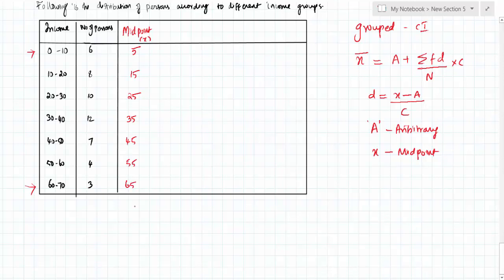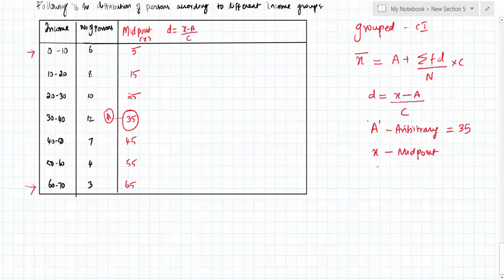Now from the midpoints, you have to pick one number arbitrarily. Let's say I'm going to pick 35 as an arbitrary number, and this is going to be my A. So I have A, the arbitrary number, equal to 35. Then I have to find D. D is nothing but x minus A divided by C. That is, each and every element of x has to be subtracted by A and then divided by C. So what is C and what is x?